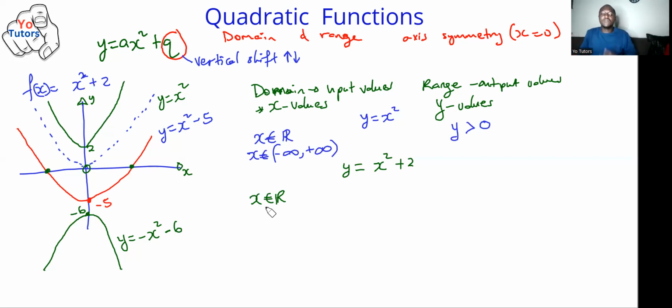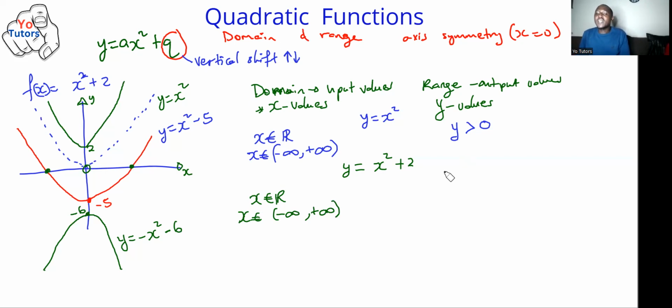This graph can go to negative infinity, and this side can also go to negative infinity in terms of x. Or we can say x is an element of negative infinity to positive infinity.